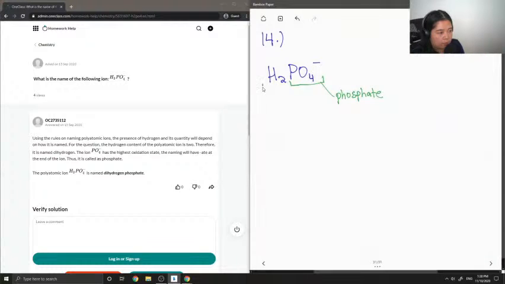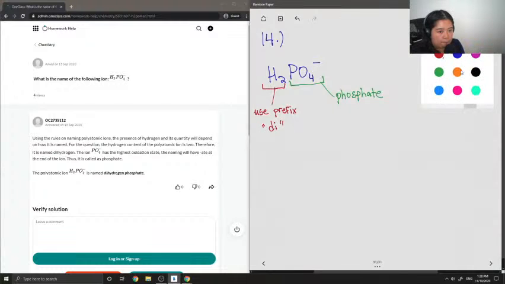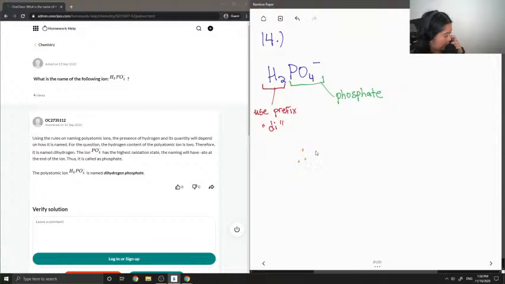And we can see that there are 2 hydrogens, so we would use the prefix di. So therefore we can name this ion as dihydrogen phosphate.